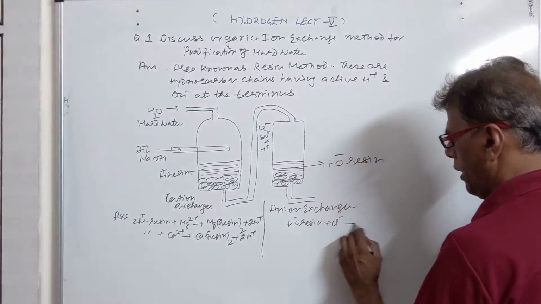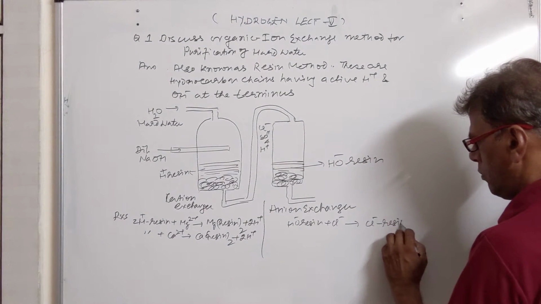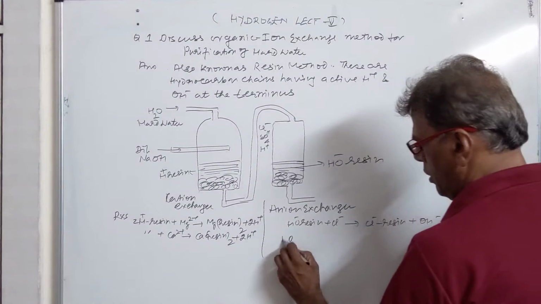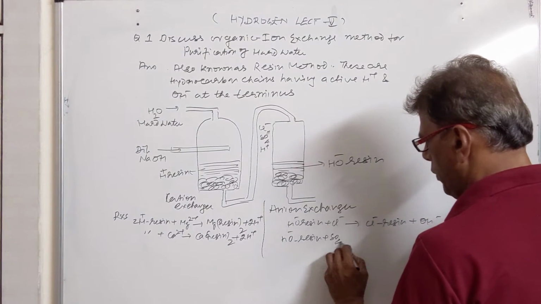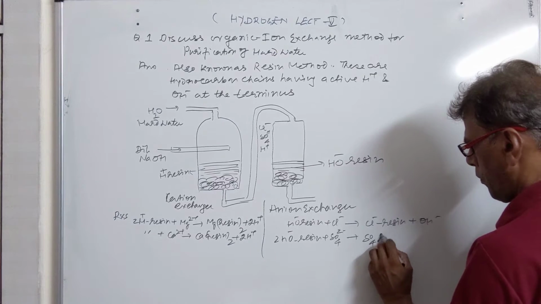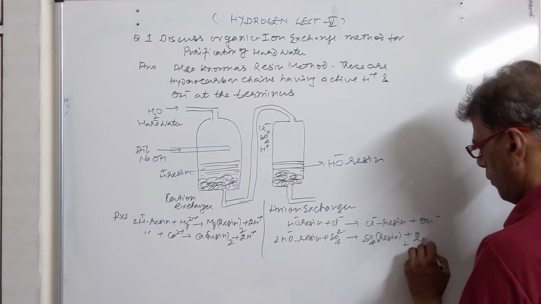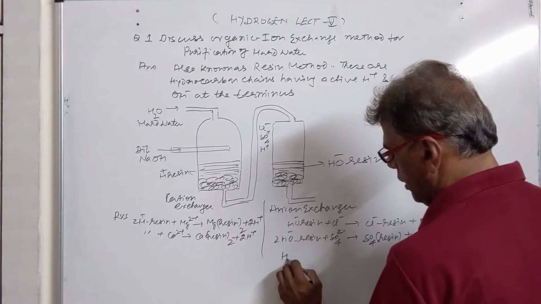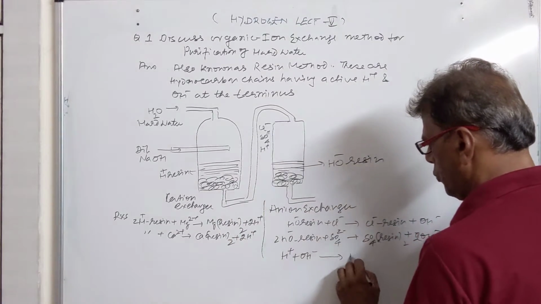It takes up chloride ion of the hard water, and OH ions are liberated here. Similarly, OH negative resin takes up sulfate. These OH ions combine with H positive ions coming from that chamber, giving you soft water.